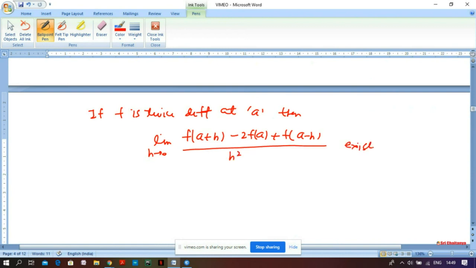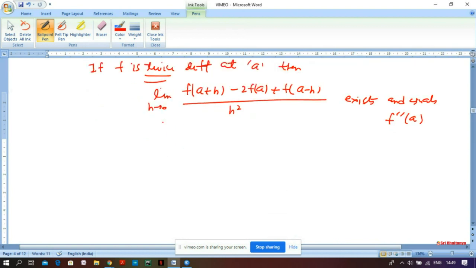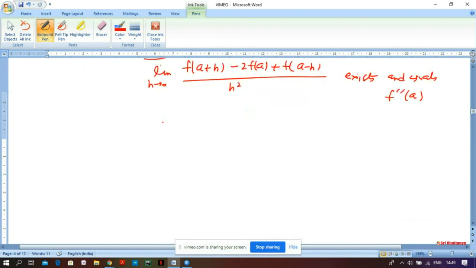If this is there, then this exists, and you can find the value also, and then it equals, we will check, f double prime a, because f is now twice differentiable. So we can test this.